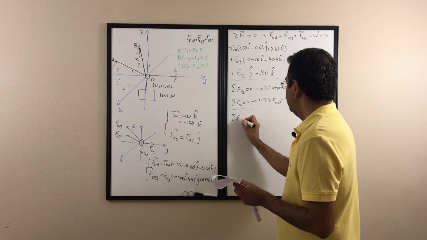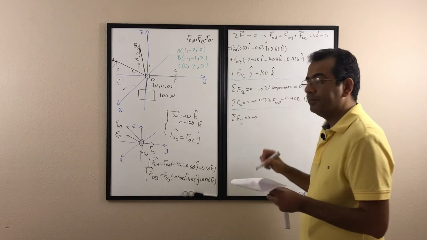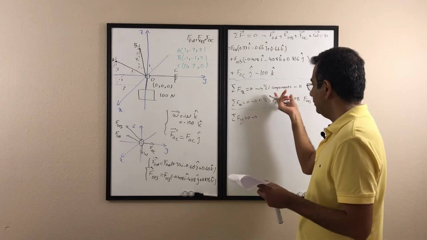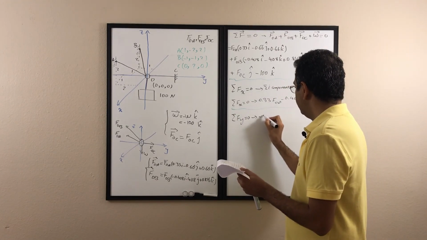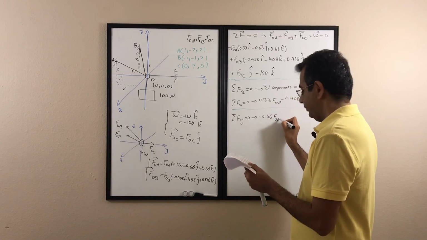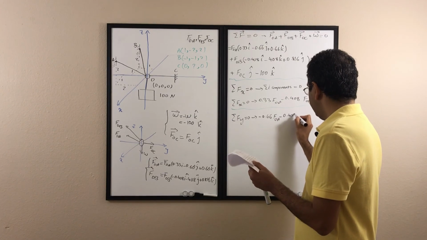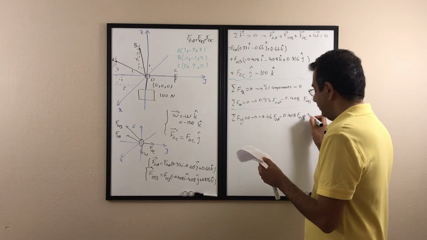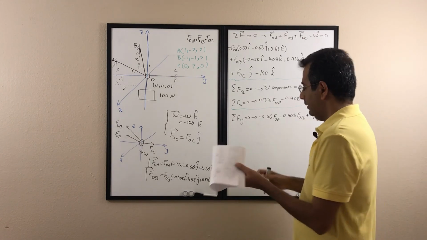The same for sigma Fy. For sigma Fy equal to 0, I add all the J components together. If I add all the J components, I get minus 0.66 FOA minus 408 FOB plus FOC equal to 0.